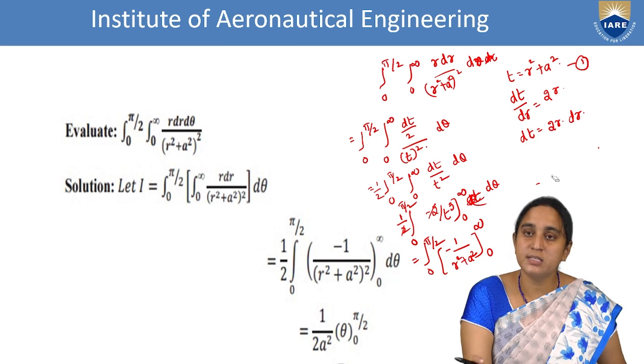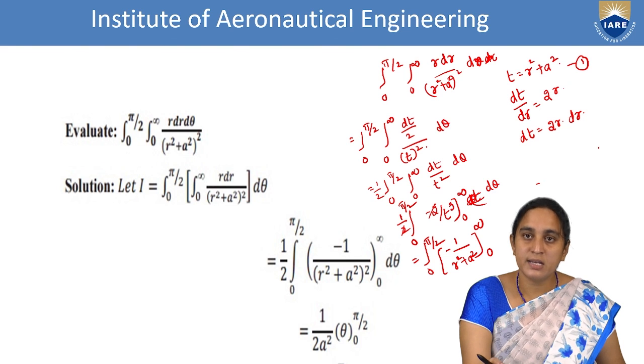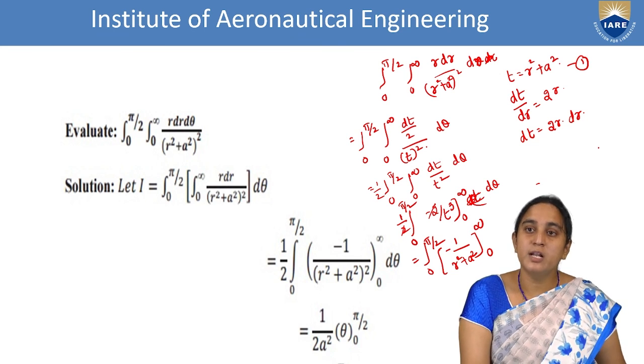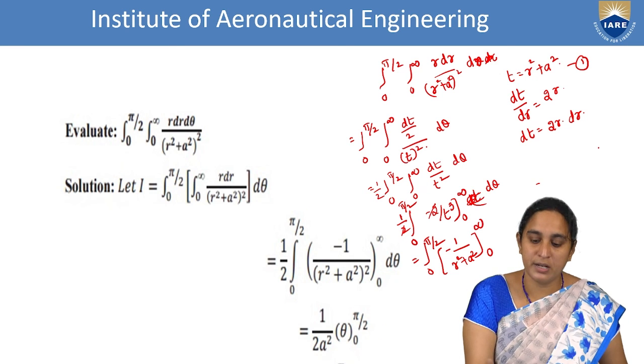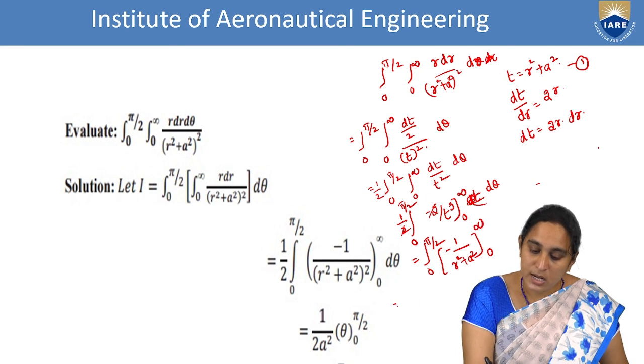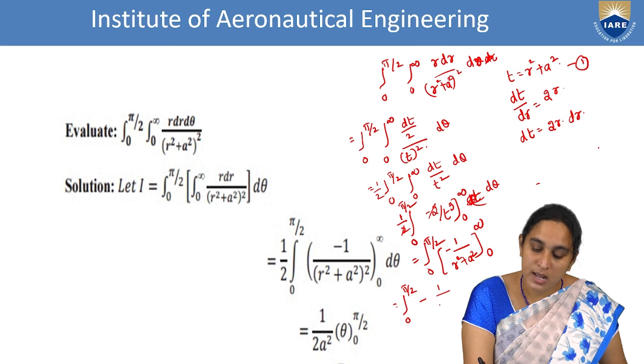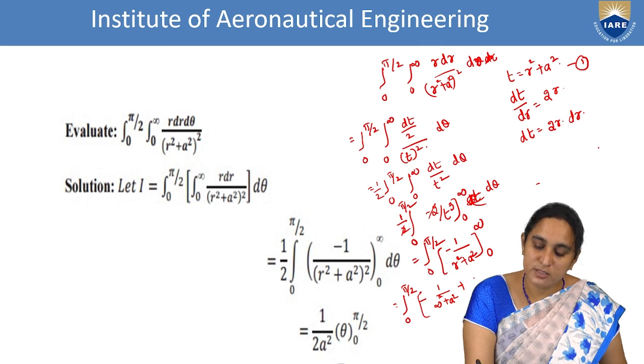For our convenience, first I convert r in terms of t, and after the integration I take t as r square plus a square and substitute the limit points 0 to infinite. Now substitute: integral 0 to pi by 2, minus of 1 by infinite square plus a square, minus of minus plus 1 by 0 plus a square, into d theta.